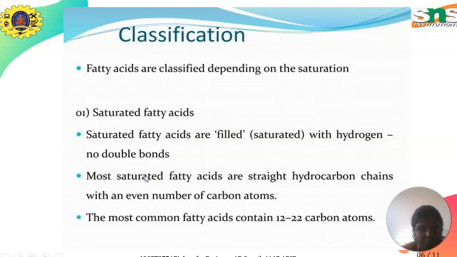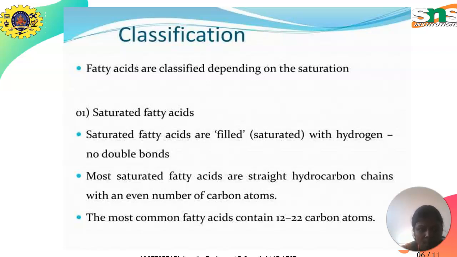The classification of fatty acids. Fatty acids are classified depending on the saturation. Number one, the saturated fatty acids. Saturated fatty acids are filled, saturated with hydrogen, with no double bonds. Most saturated fatty acids are straight hydrocarbon chains with an even number of carbon atoms.